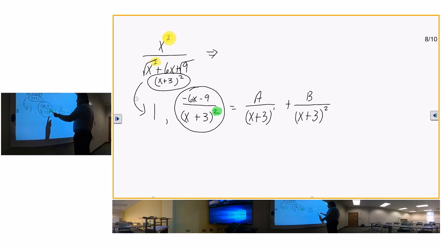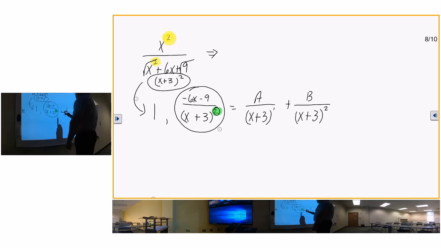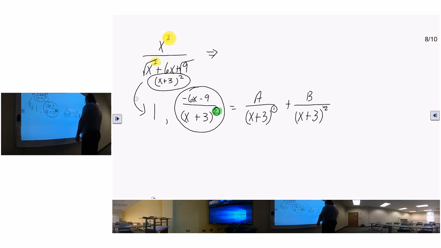Now what if this was x plus 3 to the third power? Then you do x plus 3 to the first power, x plus 3 to the second power, x plus 3 to the third power. You always go to the highest degree. So since this one has a degree of 2, we're going to go 1 and 2. And that's it.